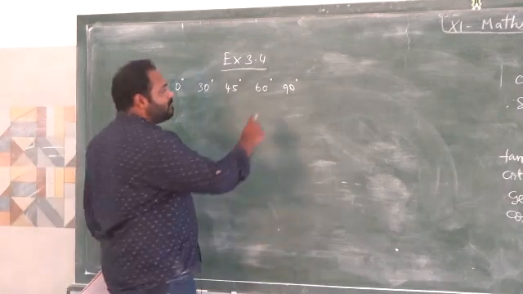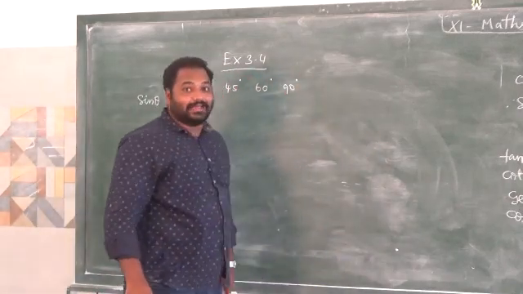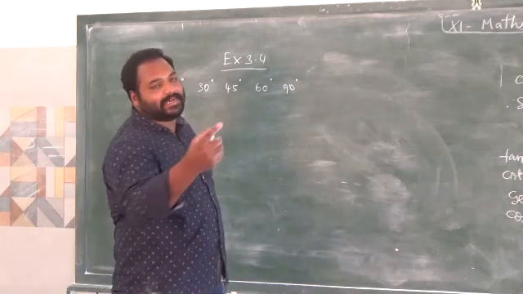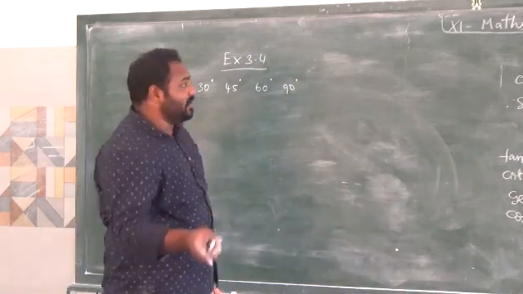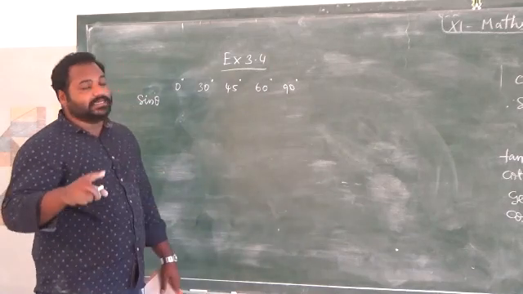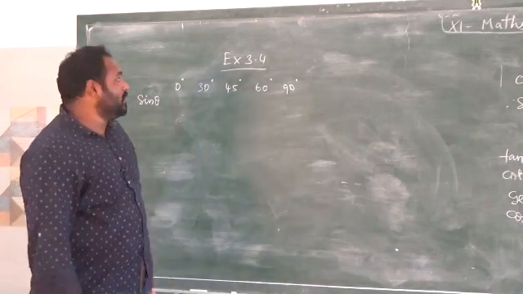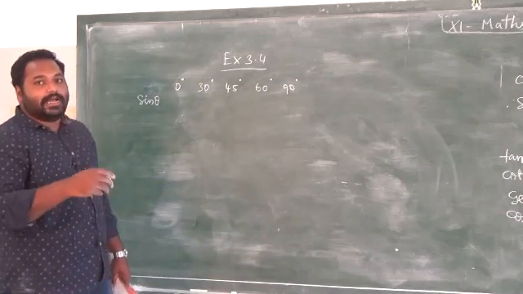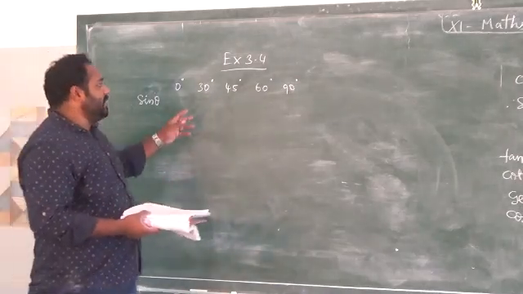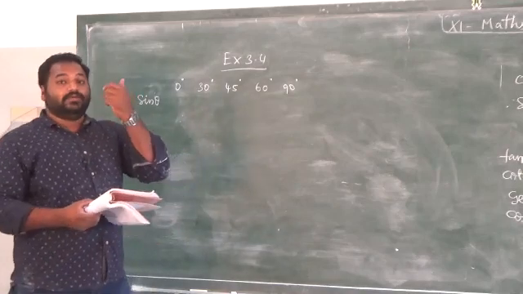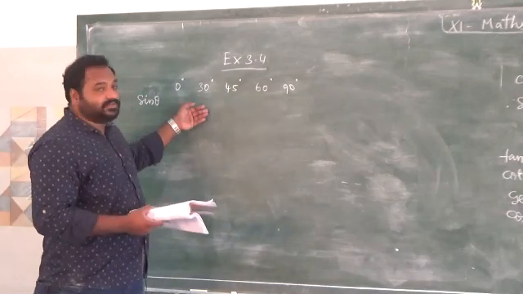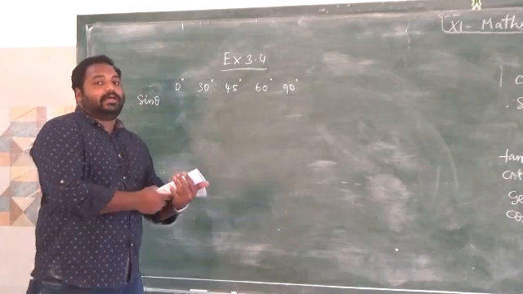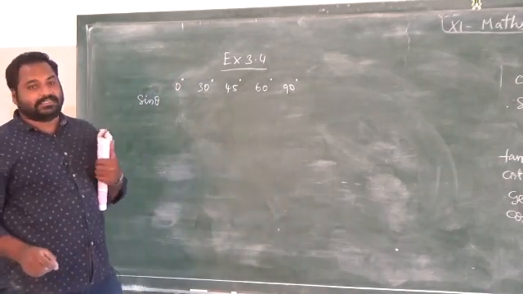If you get angles more than 90 degrees, how will you find the value? That we are going to learn in this exercise 3.4. Before that, I just write the values here. Whenever you do not know the values, you can check here, and you memorize these values to do the problems faster.